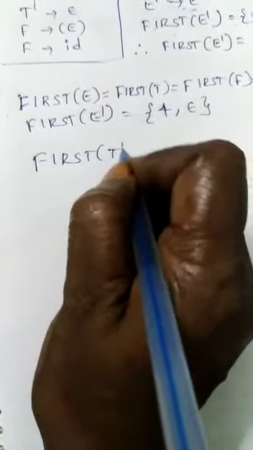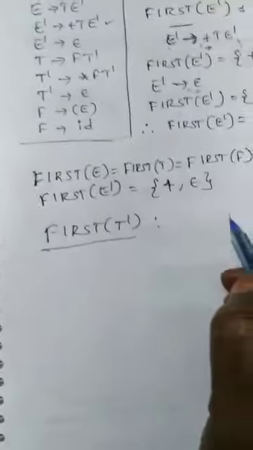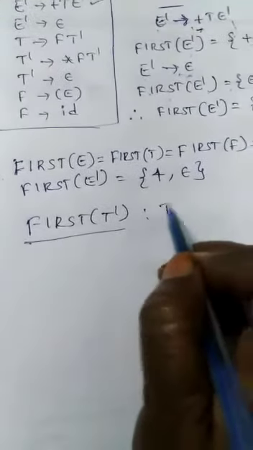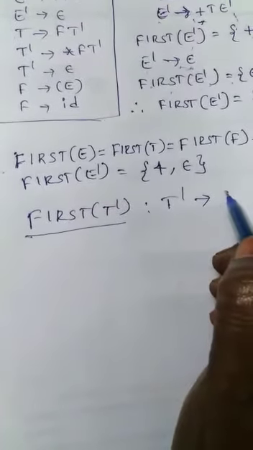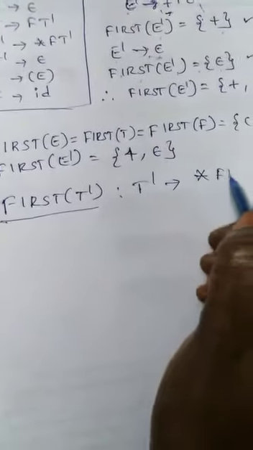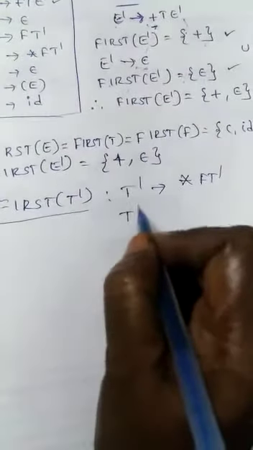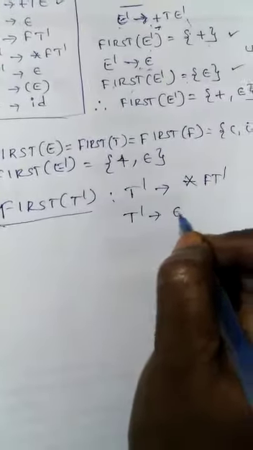Again you take the T dash value, because first of T dash also you want to find out. To find first of T dash, see the functions we have. T dash tends to star F T dash, T dash tends to empty.